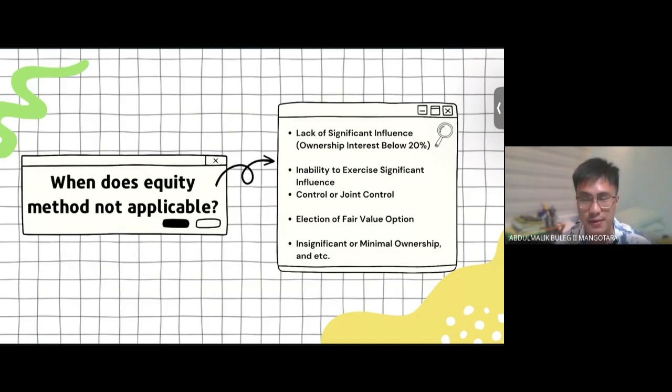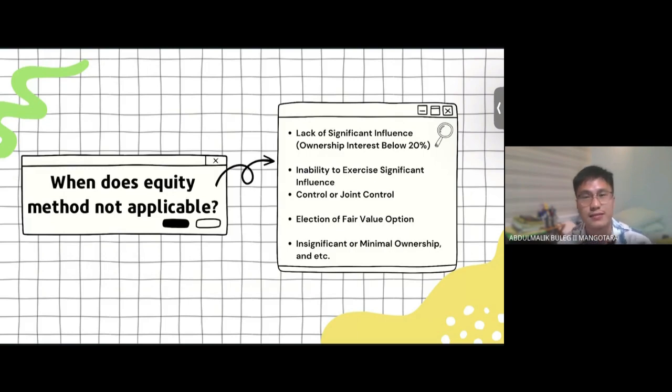Instead, the investment is accounted for at fair value, with changes in fair value recognized either through profit or loss or OCI, depending on the classification.